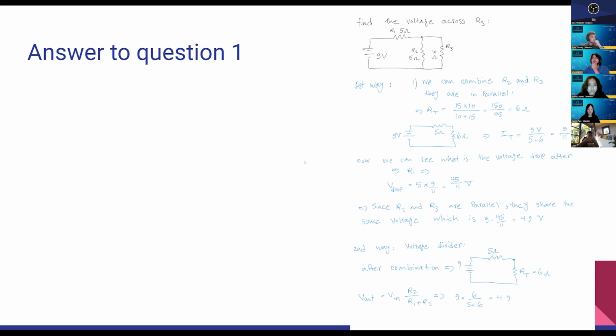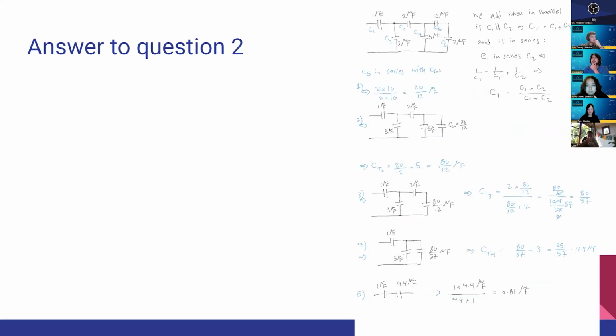Okay, so we will move forward. The second question that we had was the equivalent capacitance of the circuit, the total. If capacitors are in series, we use C1 times C2 over C1 plus C2, basically like resistors in parallel. And if they are in parallel, we add them together for capacitors. Any questions about that? Everyone's okay?